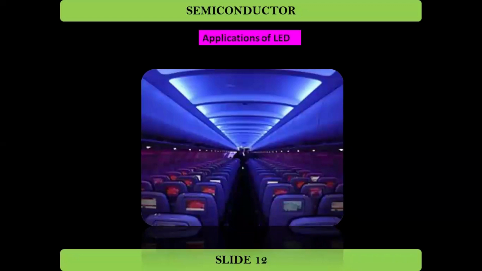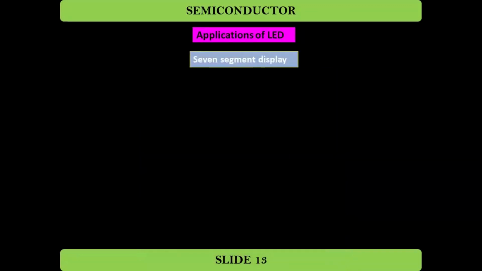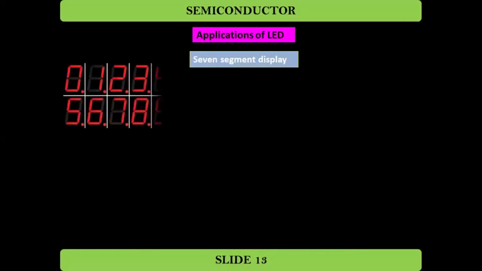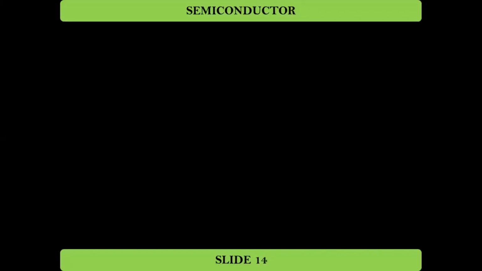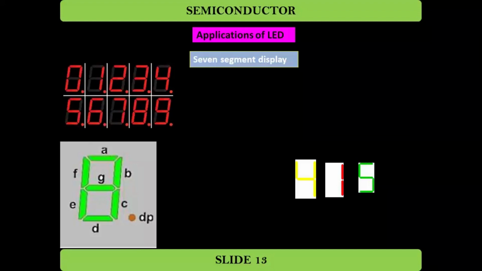In aeroplanes, we use LEDs. Most important, the 7 segment display. That's where we use LED. All the digital readings which come across for any instrument are there because of the usage of light emitting diodes. You can have a look at how a segment display is used with the help of LEDs.